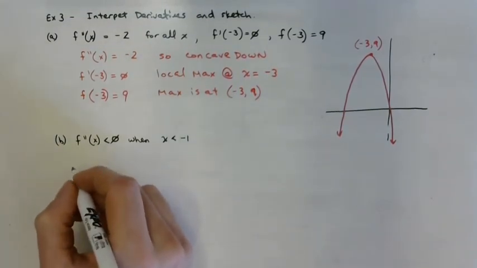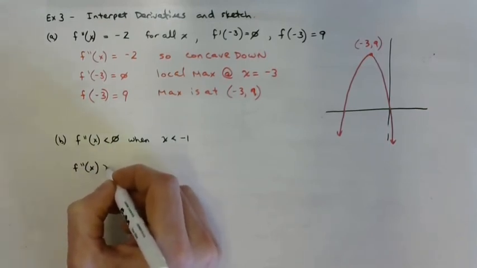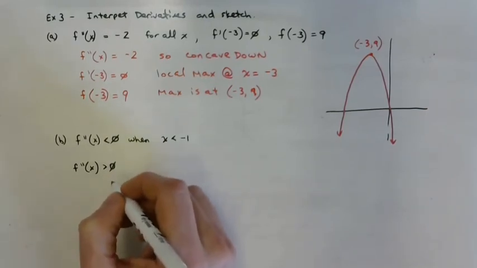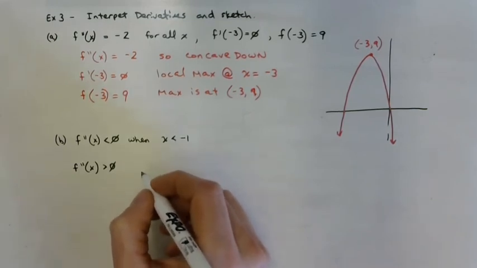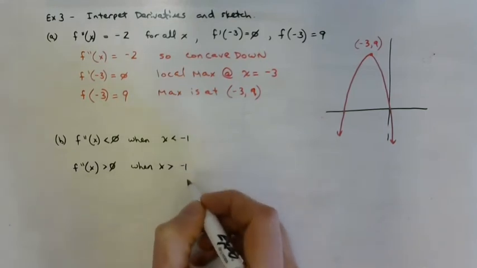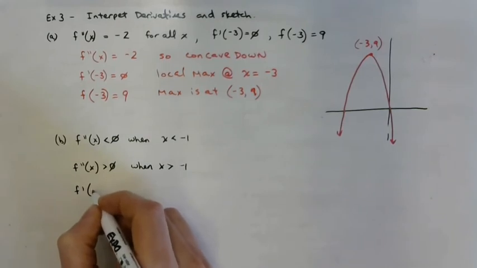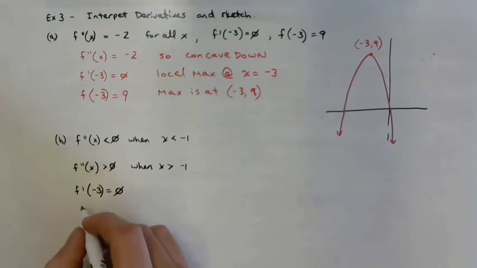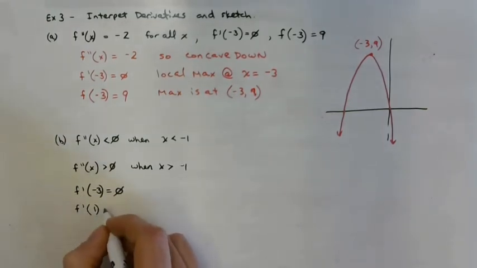It is positive, it's greater than 0, when x is greater than -1. Then we're told that f prime of -3 is equal to 0, so we have a critical point. We're also told f prime of 1 is equal to 0.